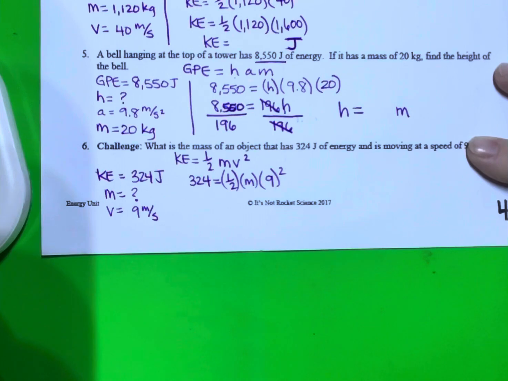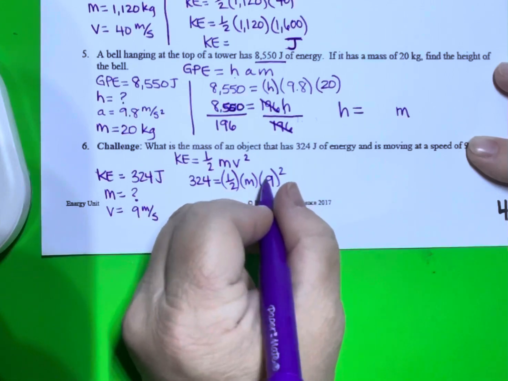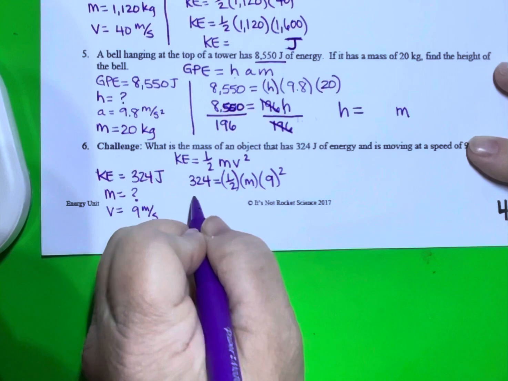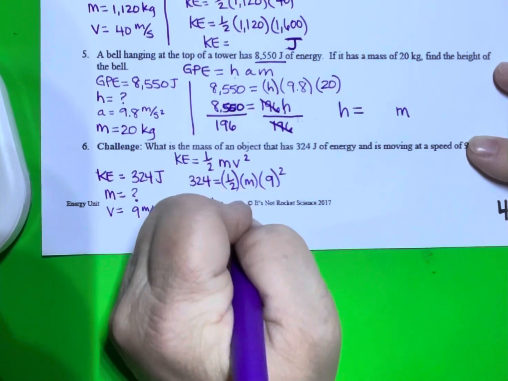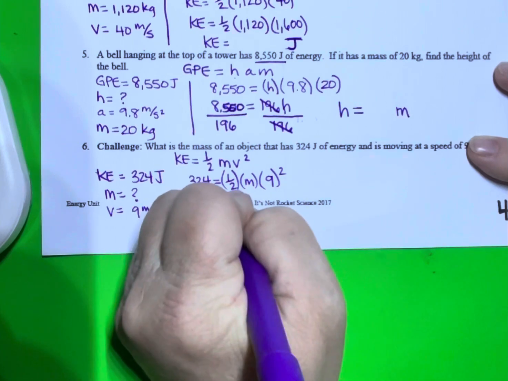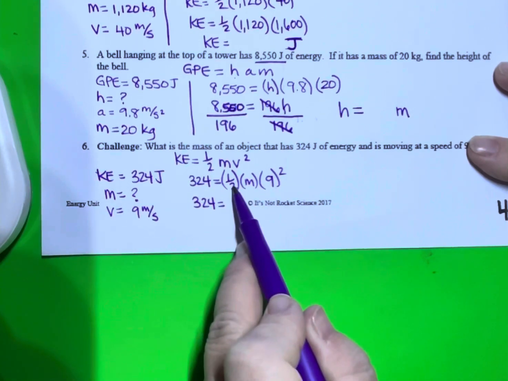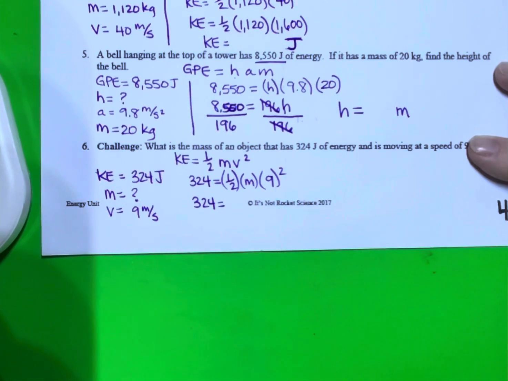So what is 9 squared? 81. And what is half of 81? 40.5. So can y'all see how I would go from this 1/2 times m times 9 squared to 40.5 m?